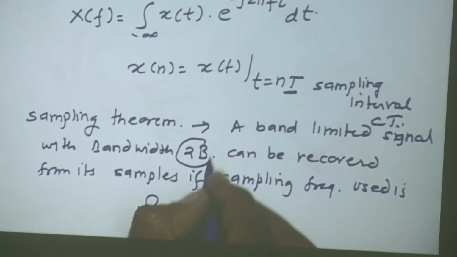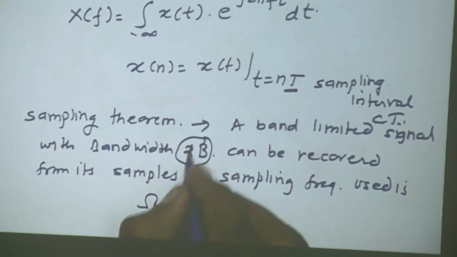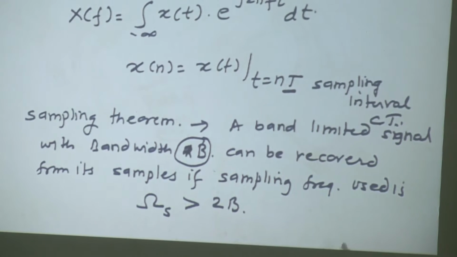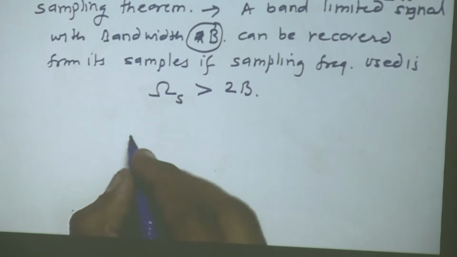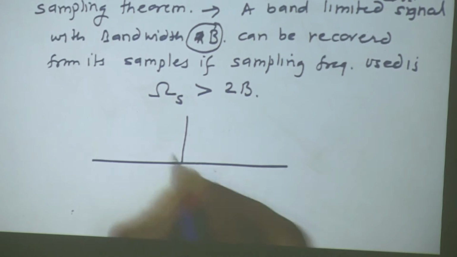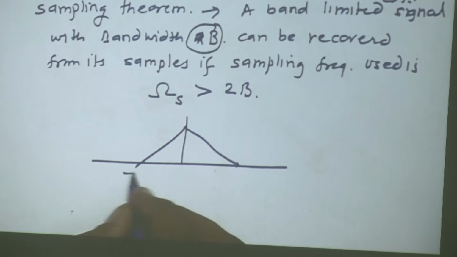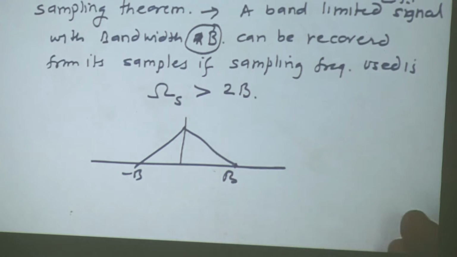This 2b is measured on both sides. Actually, it should be b. When I wrote this 2b, it's from minus b to plus b, but the positive frequency is only b. So this says that the Fourier transform of the continuous time signal is from minus b to plus b, some shape I have taken.